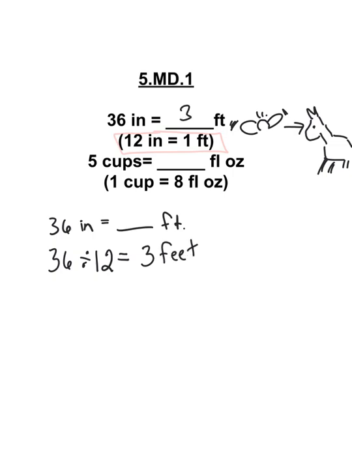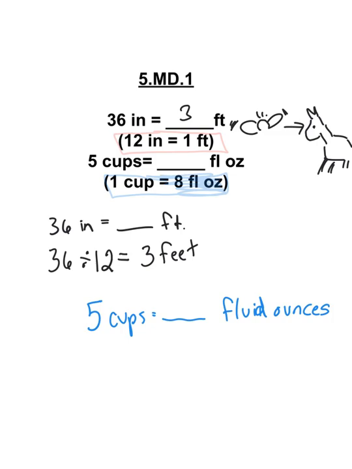Okay, now, next problem. We're going to convert 5 cups to some number of fluid ounces. And we're reminded that there are 8 fluid ounces in each cup. Since there are 8 ounces in each cup, that means we're converting cups.